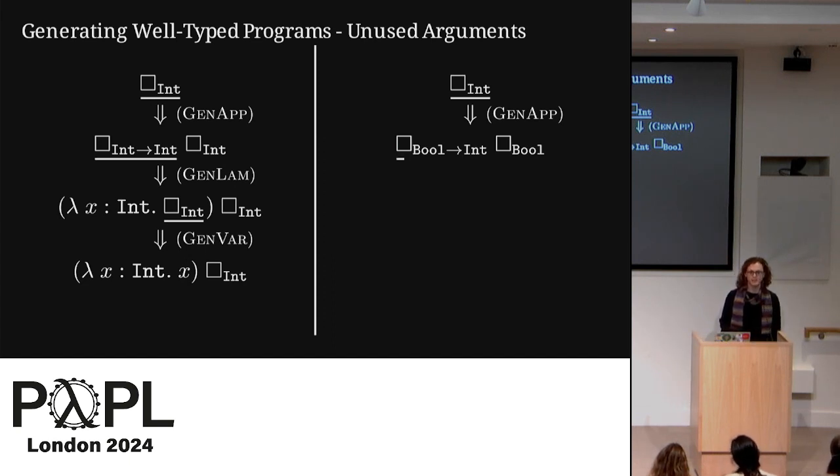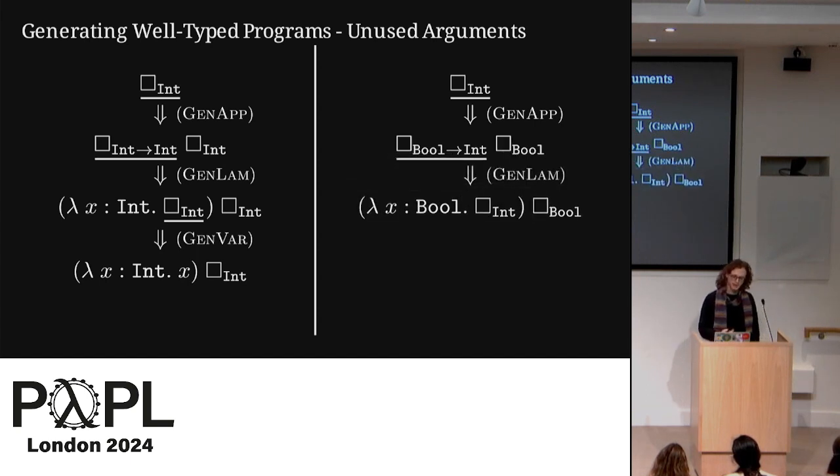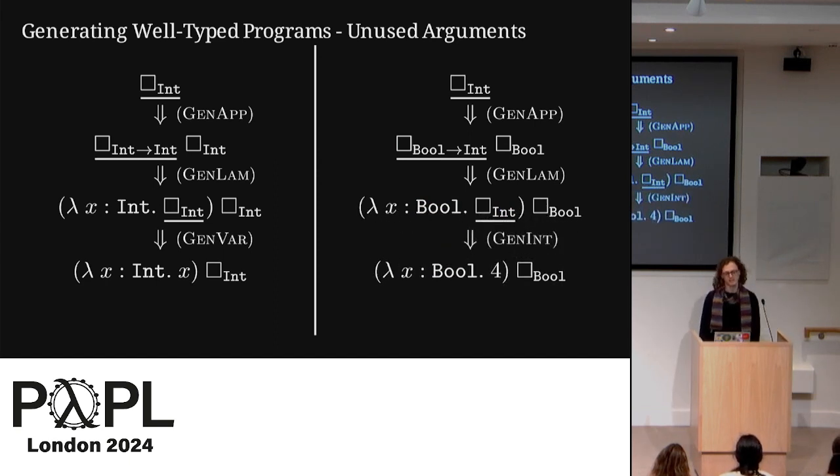And then repeating the generation process, it could have still expanded the function to a lambda, but now it no longer has the option to fill in the body with a variable reference because x is of the wrong type. So instead, the generator might say, oh, I'm just filling it in with a random integer.